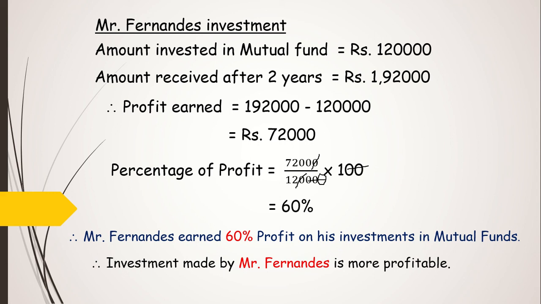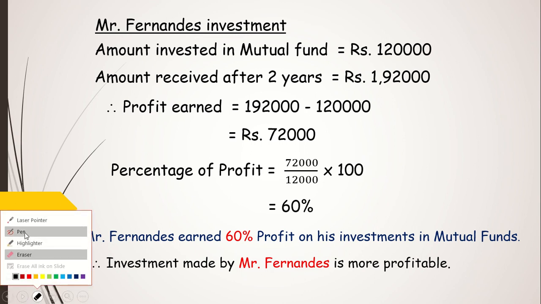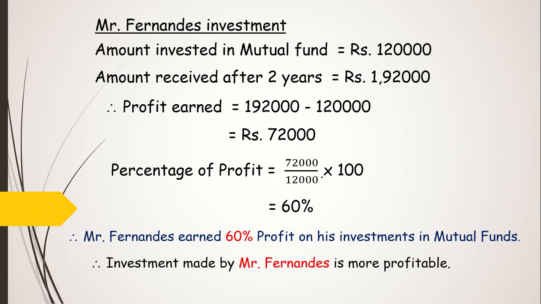Here one less is there. See, we'll do it again. That's not 12,000. This is 1,20,000, and this is 1,92,000.